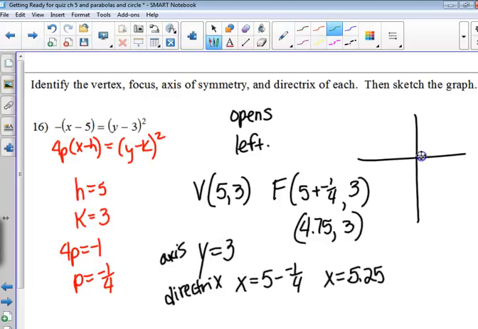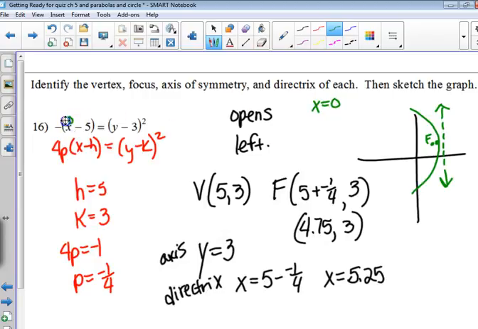Real quick, conceptually, (5, 3) would be over here somewhere. 1/4 of a unit inside is the focus. It's opening like this. 1/4 of a unit back this way is where the directrix is. If we wanted to find where it crossed the y-axis, we'd put in x = 0.